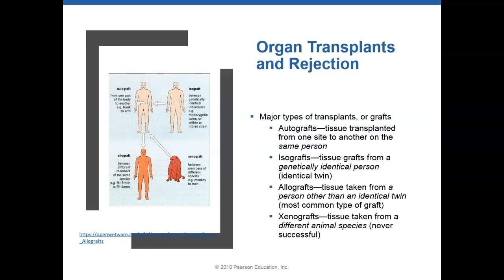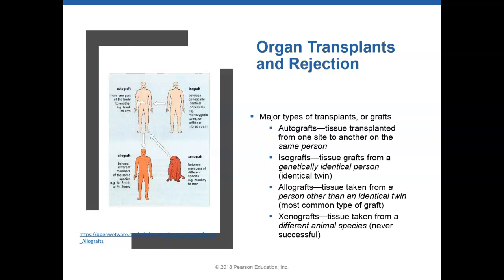An isograft is a graft where you take tissue from somebody who is genetically identical. So this only works if you have an identical twin. Allografts are tissues taken from a person that is not an identical twin.